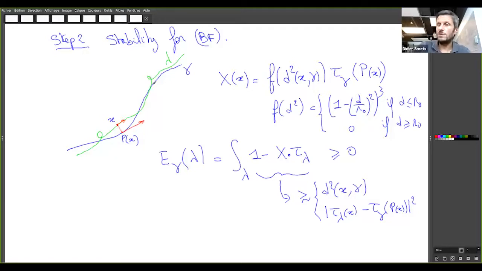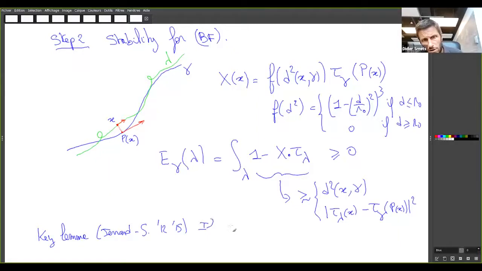And the stability estimate, which we prove, is the following. So that's the key lemma. That's from, as I said, Gerard himself. That appeared in two places, and is the following. If both gamma and lambda solve the binormal flow equation, then there's a Grönwall inequality on this quantity.